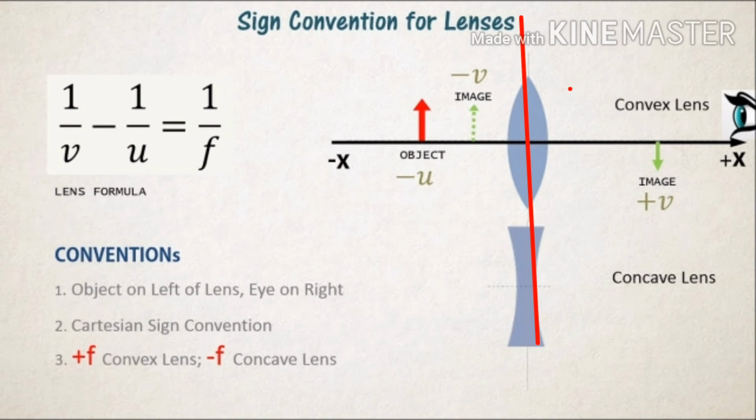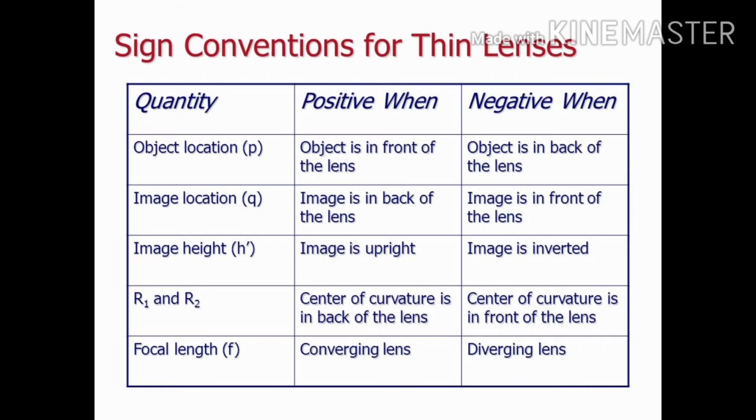The distances perpendicular to the principal axis and above it are taken as positive, and the distances perpendicular to the principal axis and below it are taken to be negative. The focal length of a convex lens is always positive, while the focal length of a concave lens is always negative.